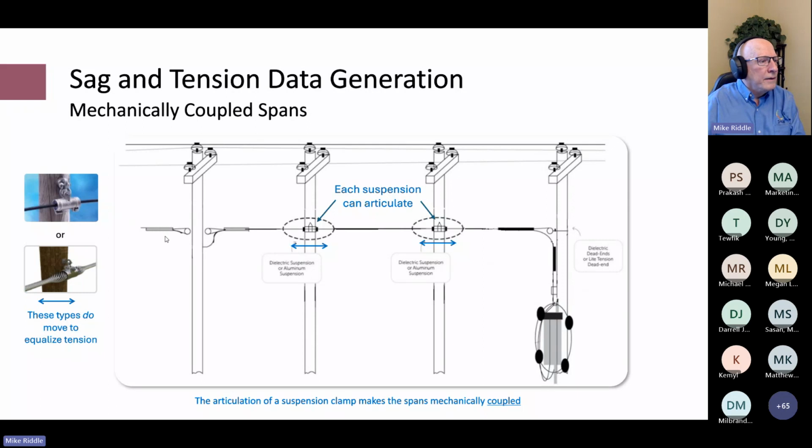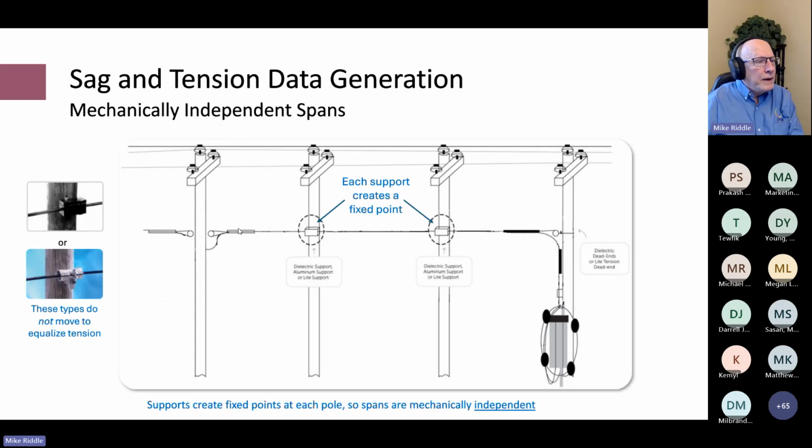Now here are the mechanically coupled spans. So you've got suspension clamps like this, or maybe like this, or maybe others. And these types of clamps swing or articulate, that's the fancy word, just a little bit. And it only takes a little bit to make a major change in tension and help equalize the tension between this span and this span and this span. In contrast, up here, this span can be whatever.